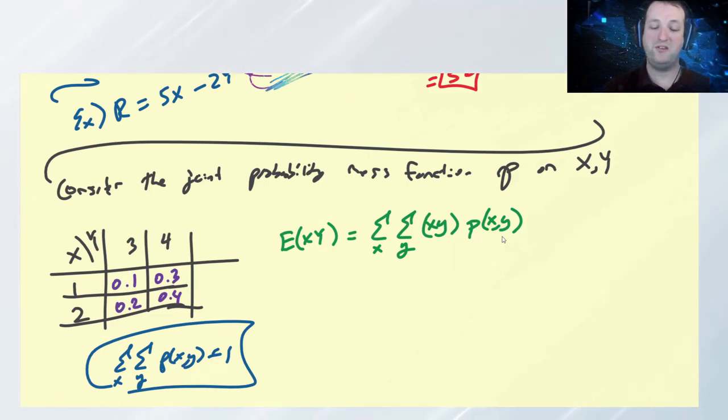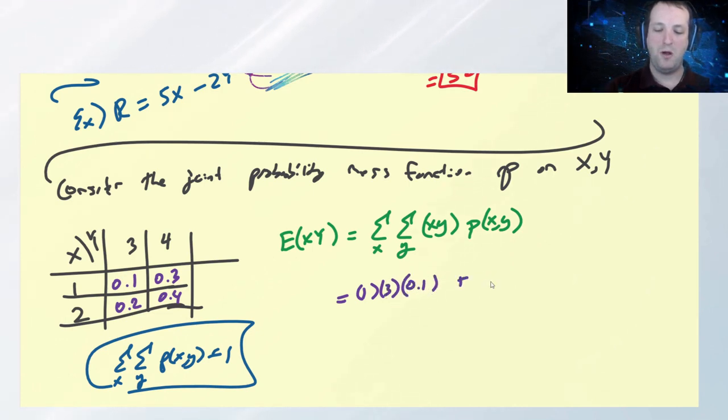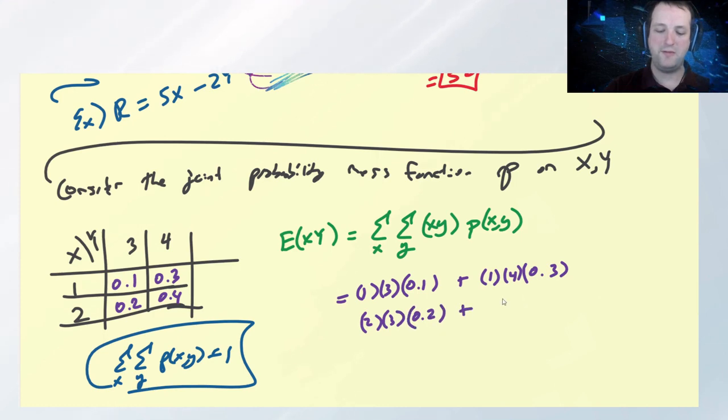So this is actually pretty simple. We just need to go across this whole table and do the sum product of all these values. So this is going to be 1 times 3 times its corresponding probability, plus 1 times 4 times its probability, then 2 times 3 times its probability, and finally 2 times 4 times its probability.